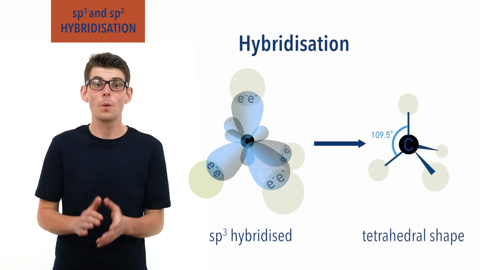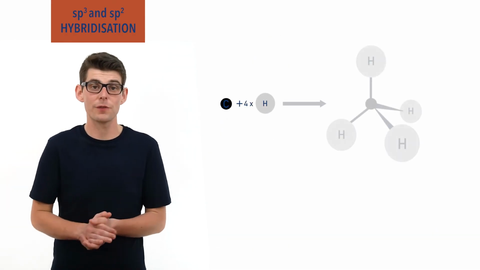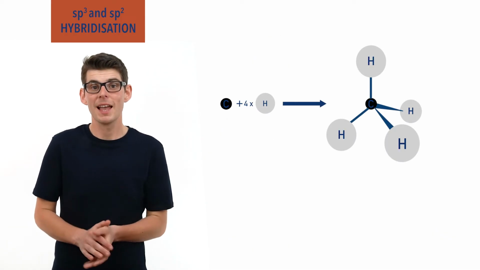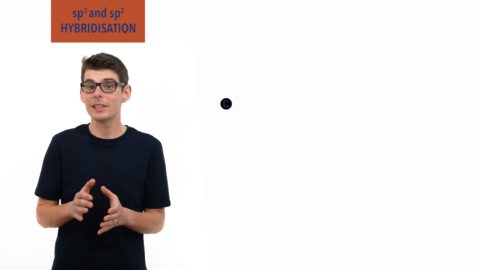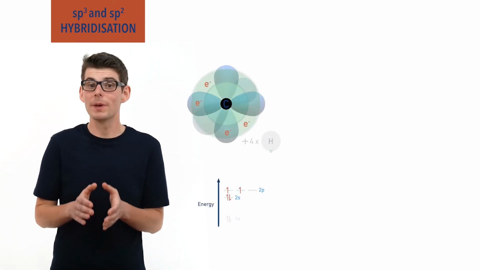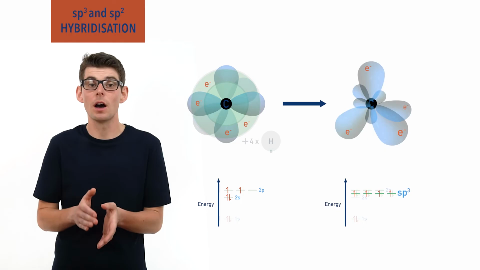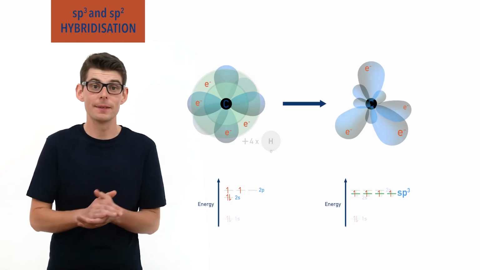For example, when a single carbon atom bonds with hydrogen, methane, CH4, can be formed. As hydrogen atoms bond to the carbon, the outer two s and two p orbitals in the carbon atom hybridize and form a set of sp3 hybrid orbitals, each with one electron from the carbon atom in.